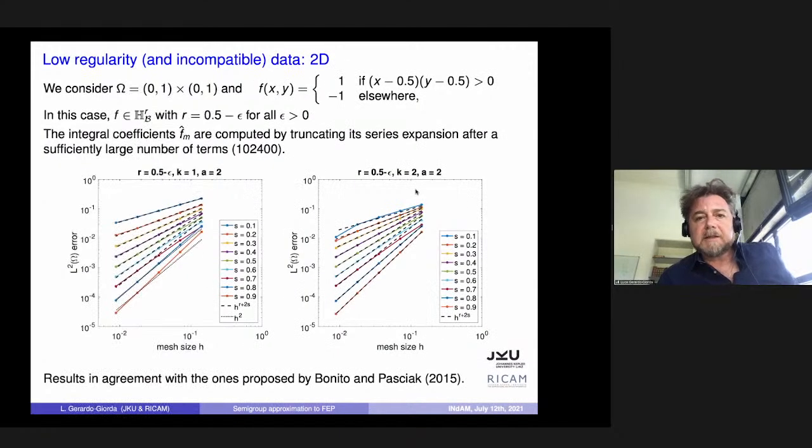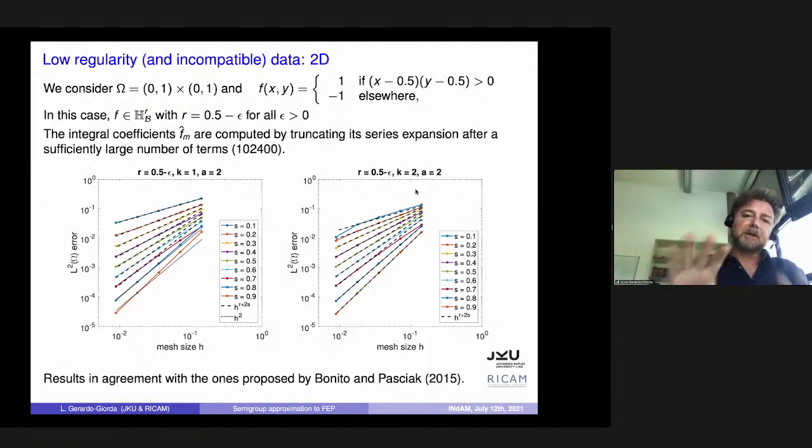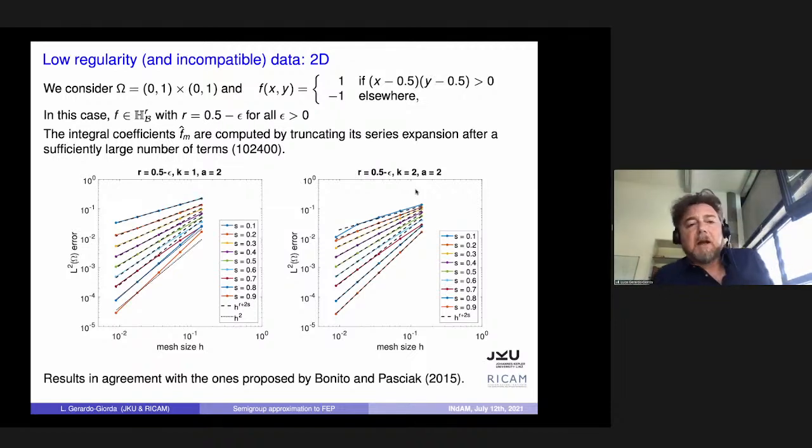We did a similar test for the two-dimensional case. For the two-dimensional case, we consider a right-hand side which is a checkerboard. So the domain is (0,1) by (0,1), and the value of the function is +1 or -1 in a checkerboard manner. Now, in this case, the regularity of f is 0.5 minus epsilon for all epsilon positive.